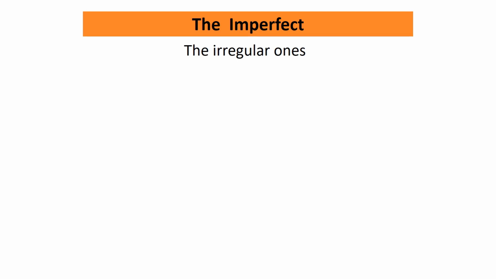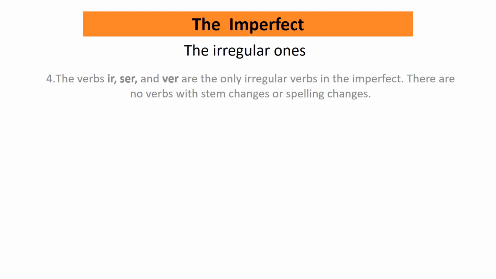And for ver it's yo veía, and pay attention that the í has an accent. Tú veías, él, ella, usted veía, nosotros, nosotras veíamos, vosotros, vosotras veíais, y ellos, ellas y ustedes veían.